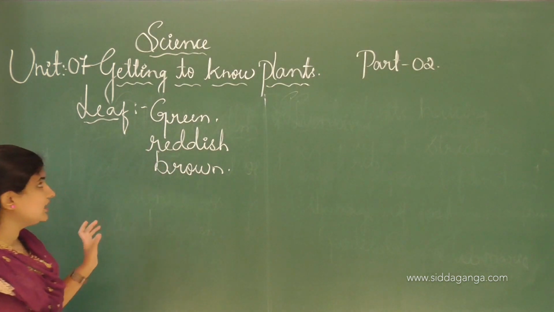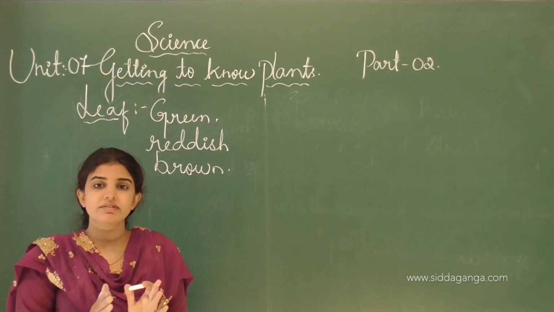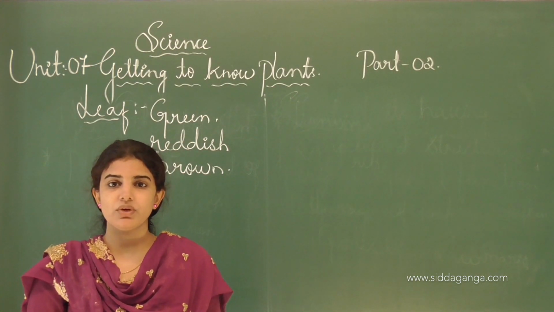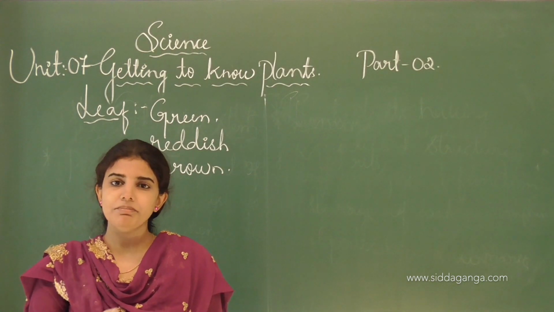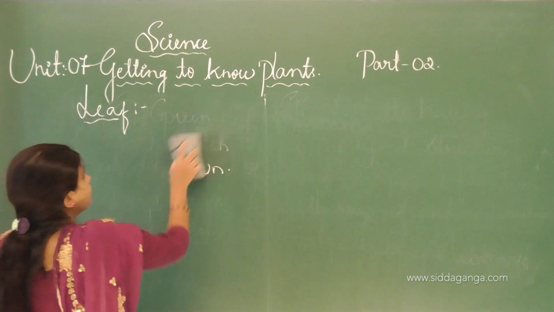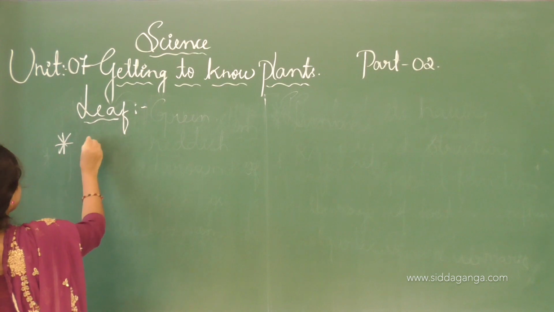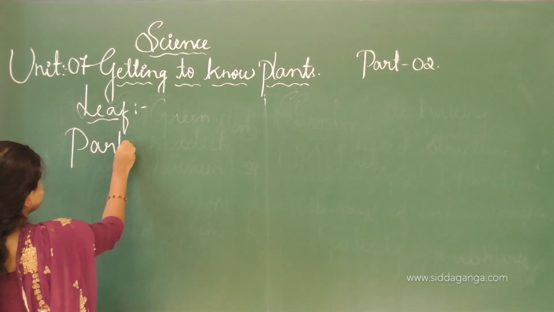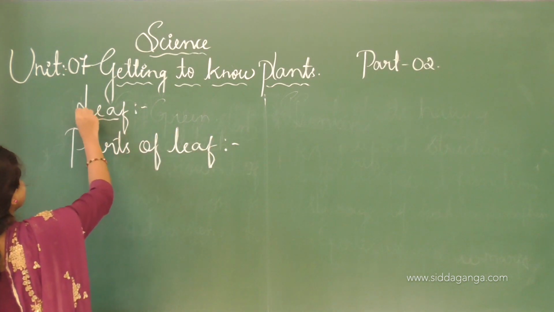See, this is the leaf, and there are different parts of the leaf. The stalk of the leaf we call a petiole. Where the leaf is attached to the stem, that point we call a petiole. There are different terms used for the parts of a leaf.